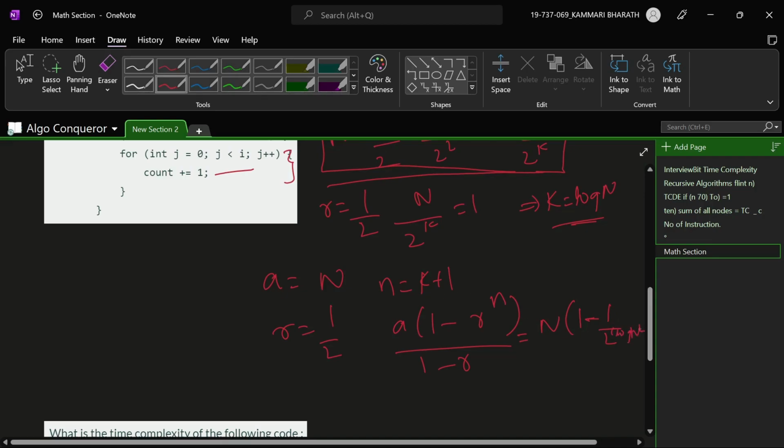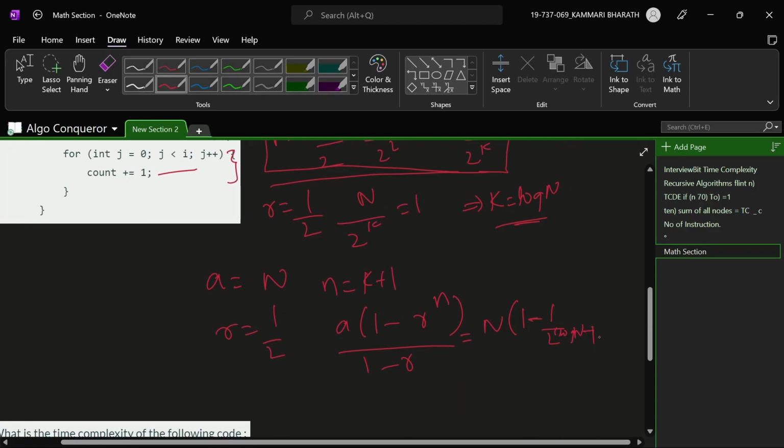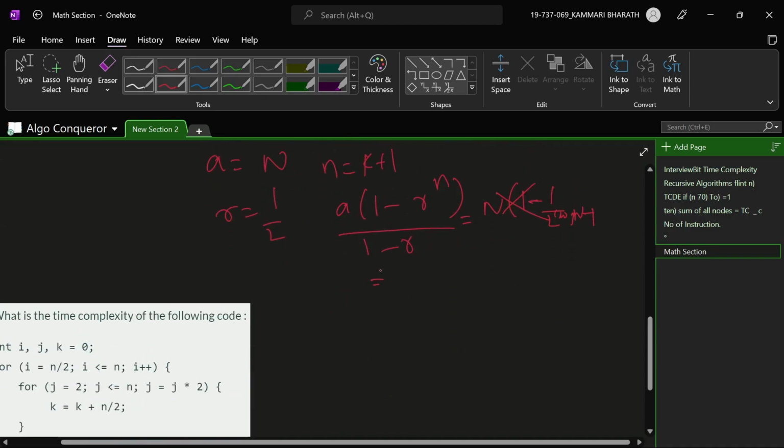Wait a minute. Sorry for that. Just a second. A is n, and k plus 1 is equal to log n plus 1.